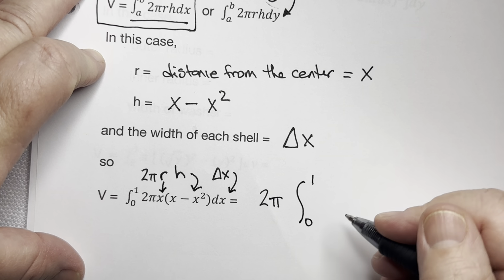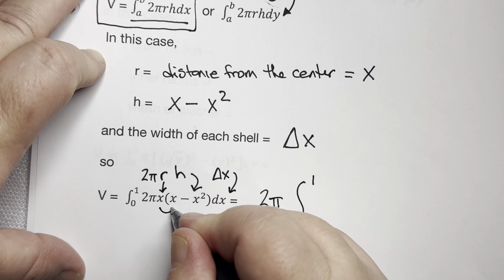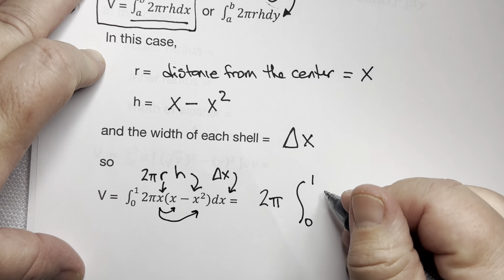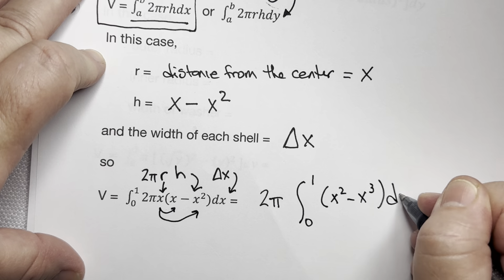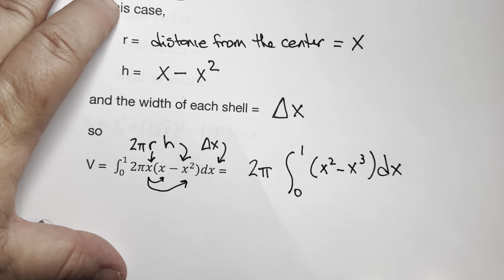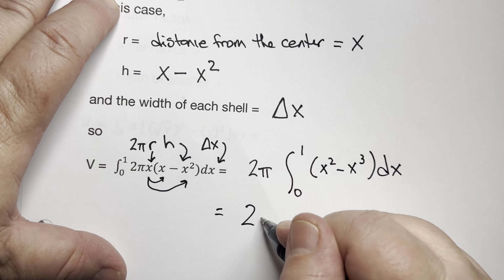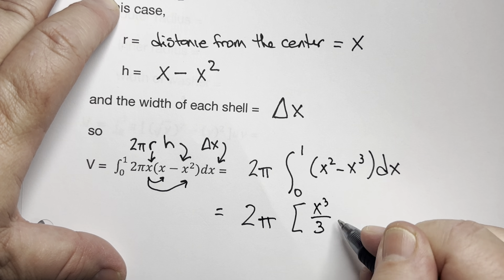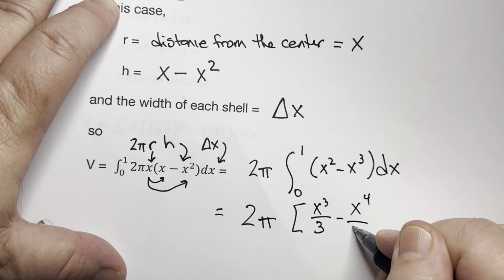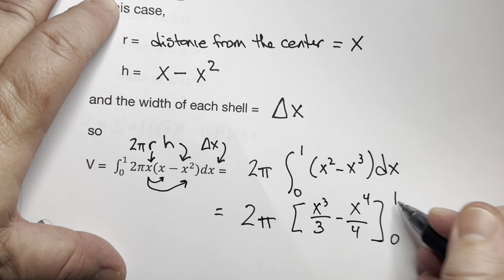I've got from 0 to 1, and then I'm going to multiply through because that's going to make this way easier. So it's x squared minus x cubed dx. I use power rules. Woohoo! So it becomes x cubed over 3 minus x to the 4th over 4 between 0 and 1.